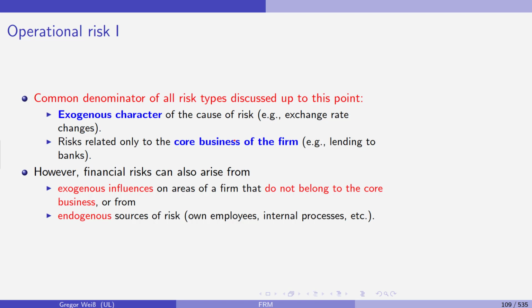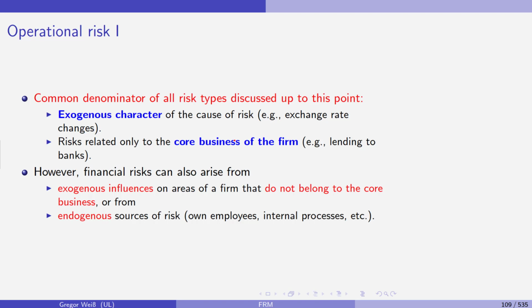However, financial risk can also arise from endogenous events. For example, we have an own employee who does something that might affect our risk exposure. We have bad internal processes. We have a failure in our internal IT system. So something endogenously happens, or we have an exogenous effect on an area that is not related to the core business.